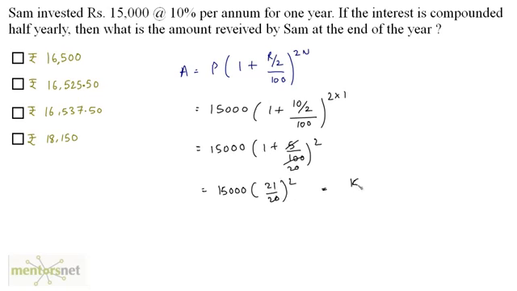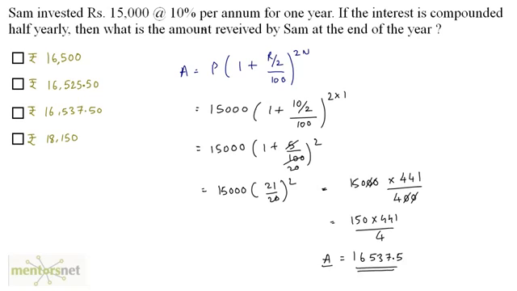So this is equal to 15,000 times 21 square is 441 by 20 square is 400. Cancelling out the zeros, I have 150 times 441 by 4, and that is equal to, if you solve it, 16,537.5. So this is the amount that Sam will get after the end of the year. So the answer is option C.